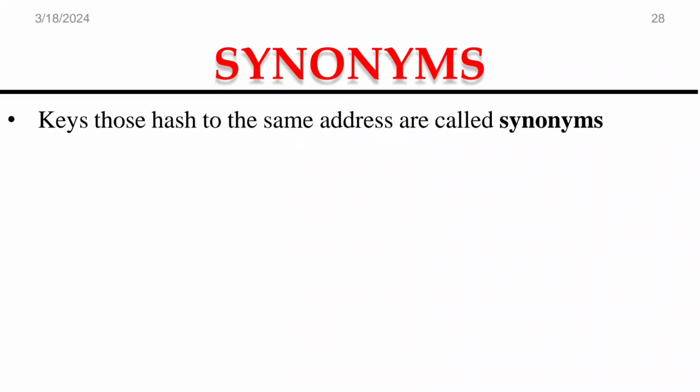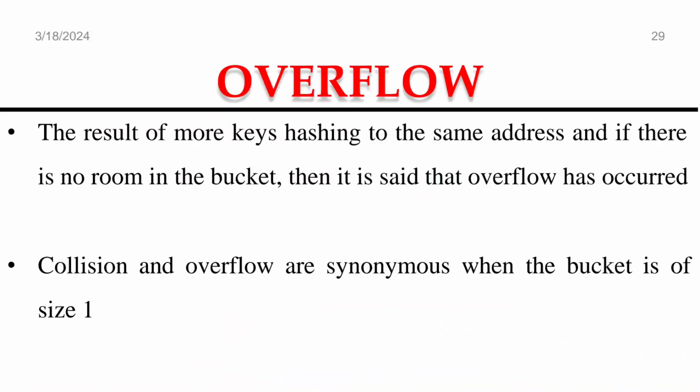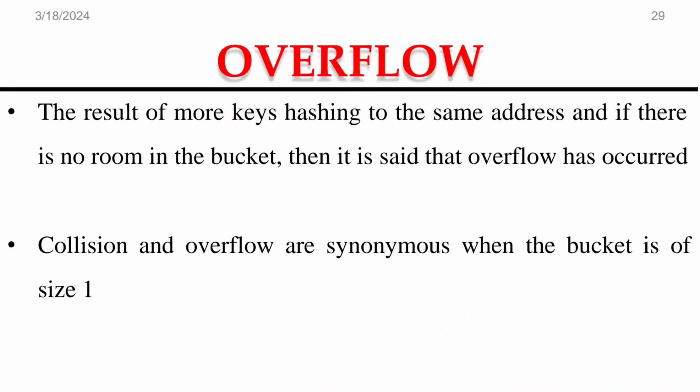So these are the basic definitions you should know for hashing. Now next is overflow. When collision occurs with more keys hashing to the same address and there is no room in the bucket, it is said that overflow has occurred. Overflow means you have a bucket of some size with some elements in it, but you are not able to put the remaining elements into the bucket.